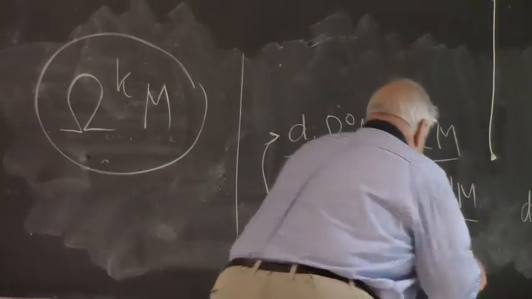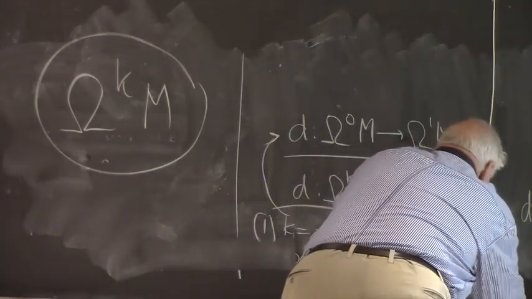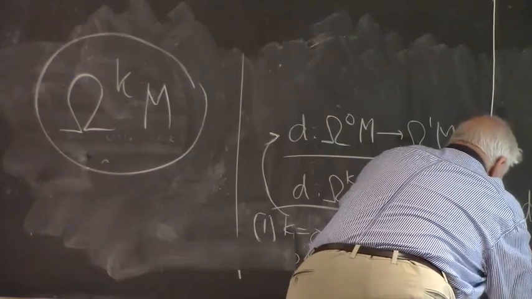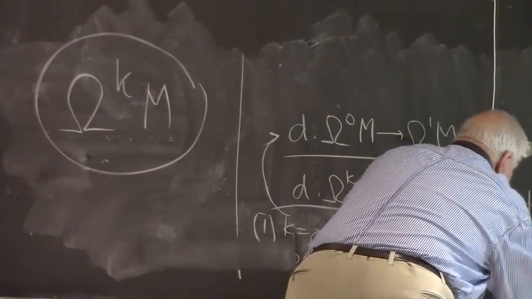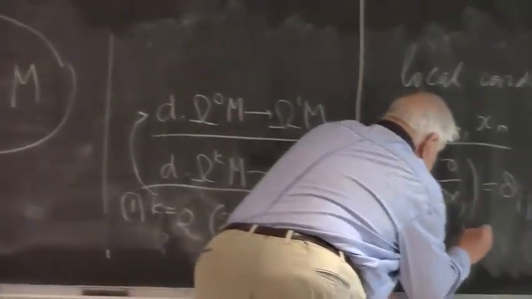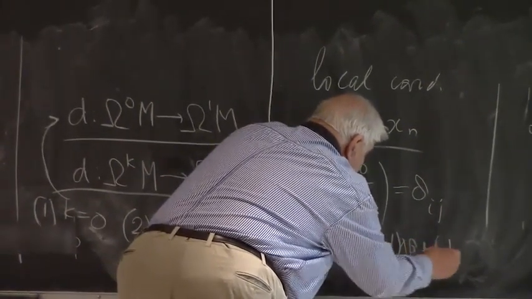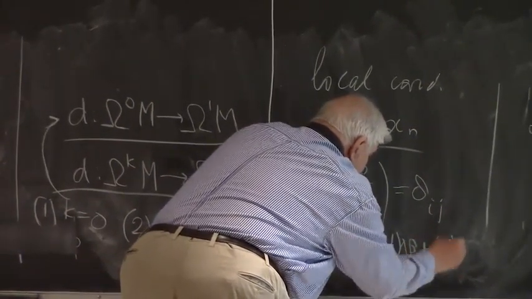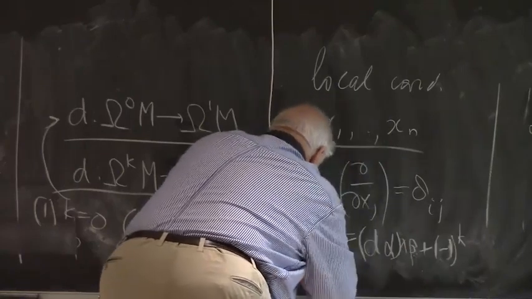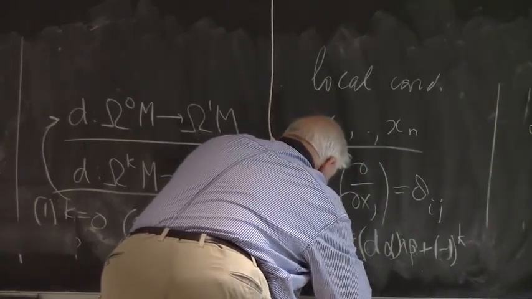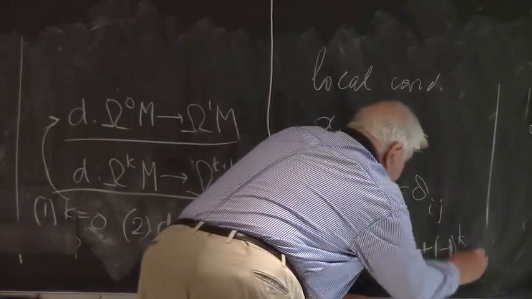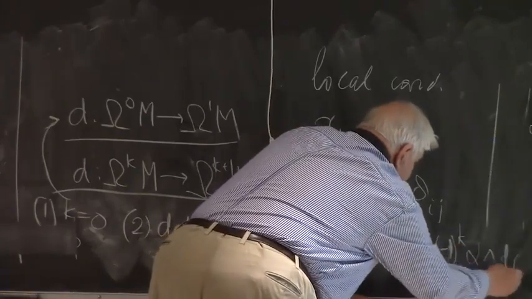And third, the product rule, which you mentioned, Virgil: d of alpha wedge beta equals d alpha wedge beta plus negative 1 to the power k, where k is the degree of alpha, times alpha wedge d beta.